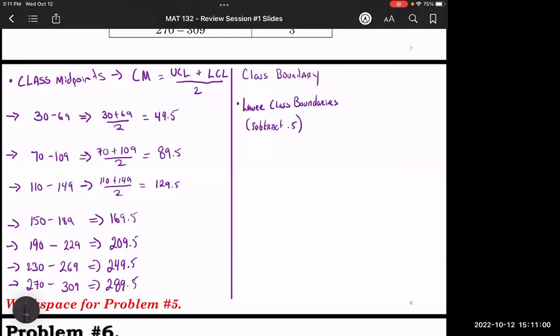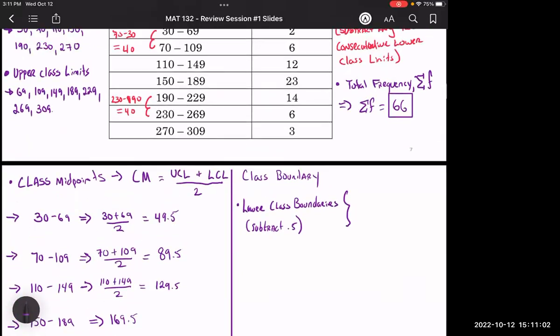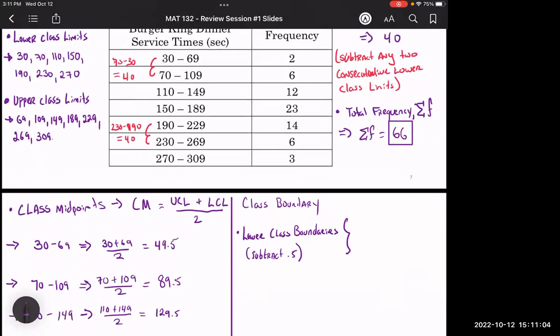So for example, look at your first class. It had a lower class limit of 30. If I subtract 0.5 from 30, what number do we get? 29.5. That's right.